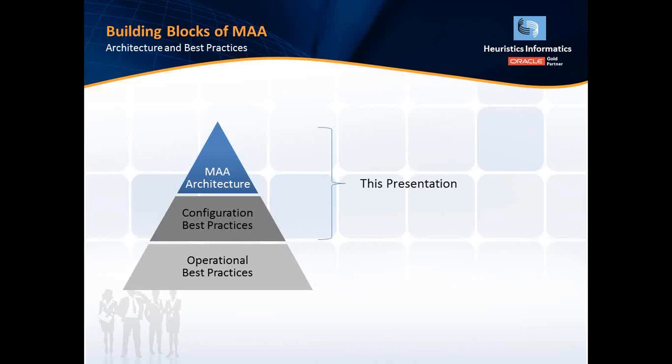It is pretty much a way of working. So you start with a lot of operational best practices that you should implement. You have several configuration practices and configuration changes that you do to make your maximum availability architecture work, and then there is the actual hardware, the physical and the software logical components themselves.